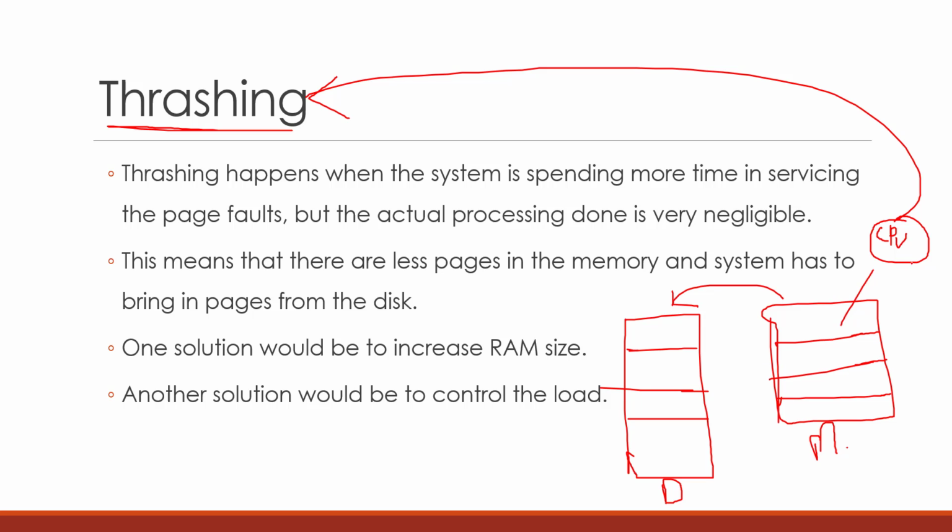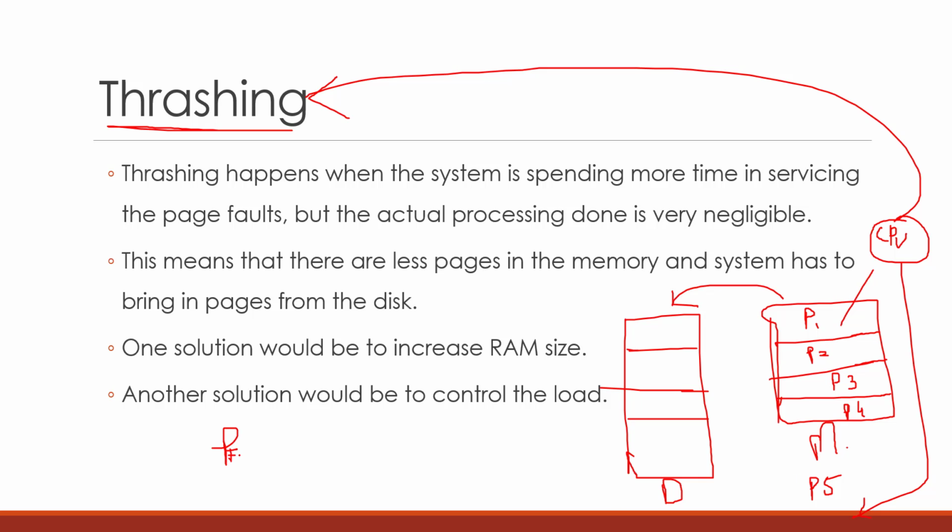Let's assume that there are P1, P2, P3 and P4. The CPU is first looking for P5. It went to RAM, could not find P5, so there is a page fault.